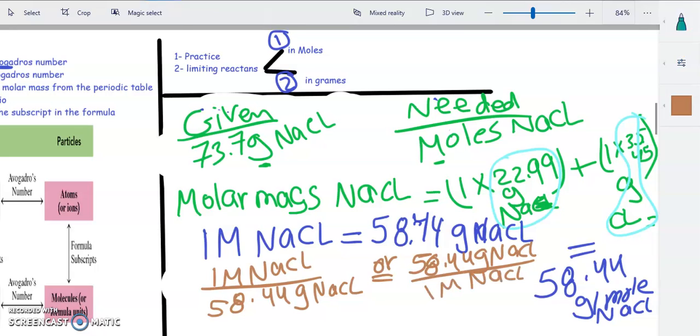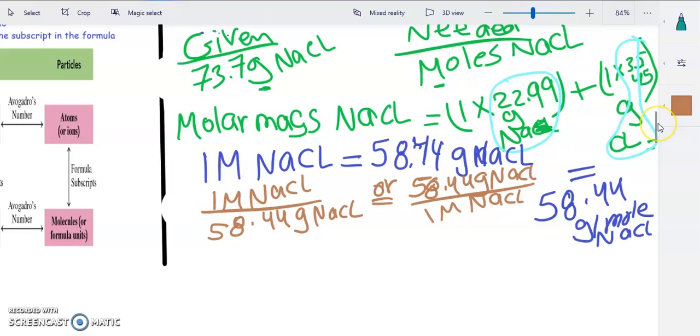And now we are basically ready to apply our given to look for our needed. So we can start here with our given, which is 73.7 gram NaCl. I'm just taking this one here.